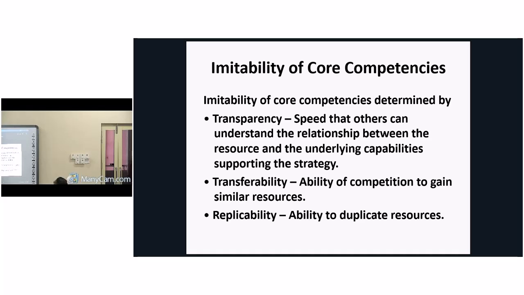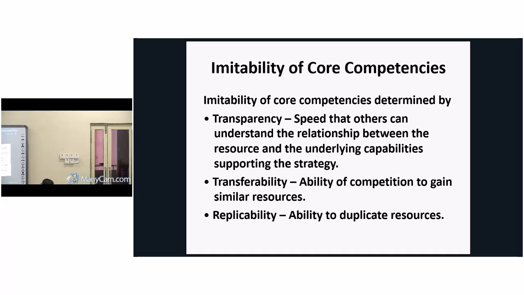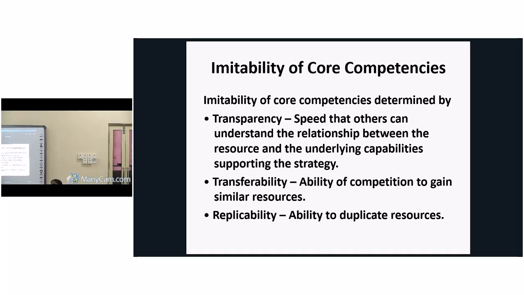Then transferability. Transferability is again the ability of competitors to gain similar resources. So then they do not imitate, but they sometimes look at and take similar resources. Ability of gaining similar resources.